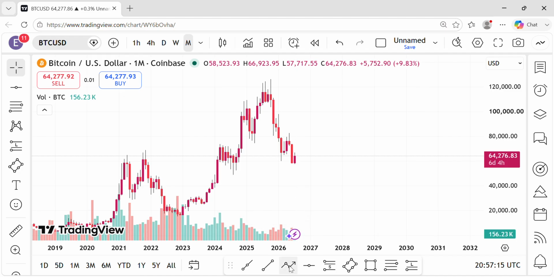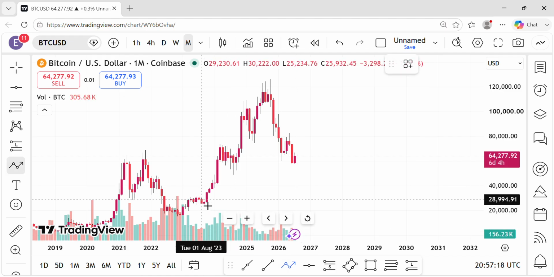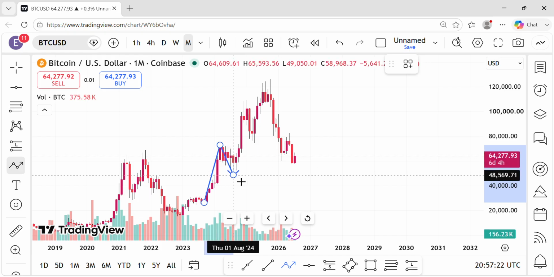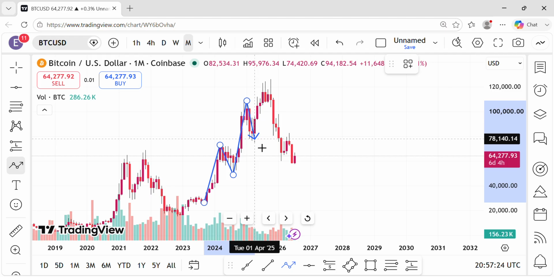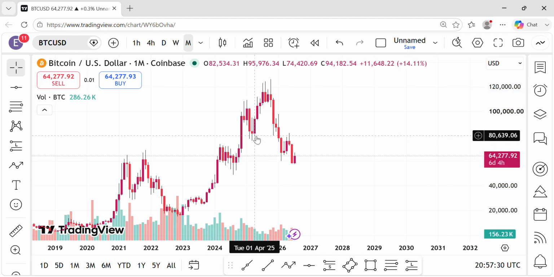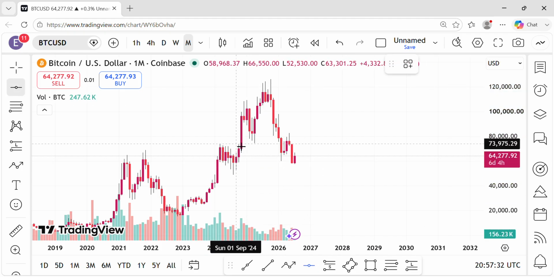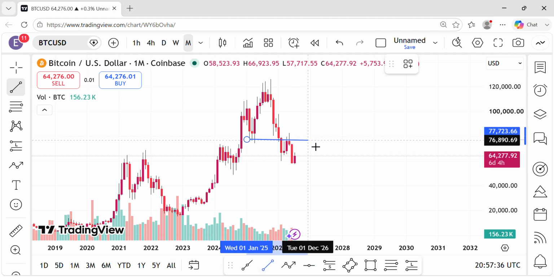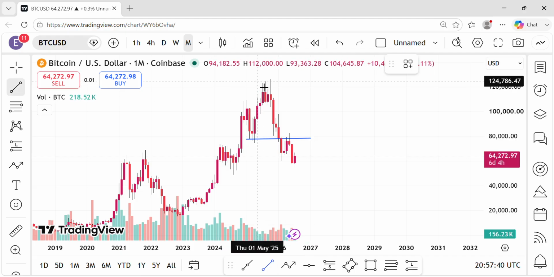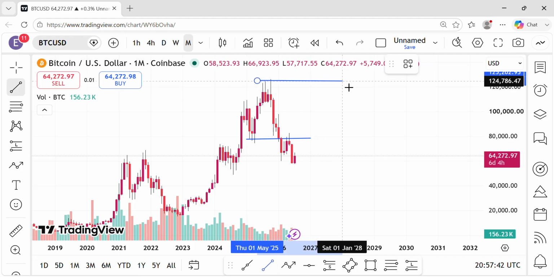using our price action, which is higher high, higher low, higher high, higher low, and higher high. So between this low and this high was the deciding point.